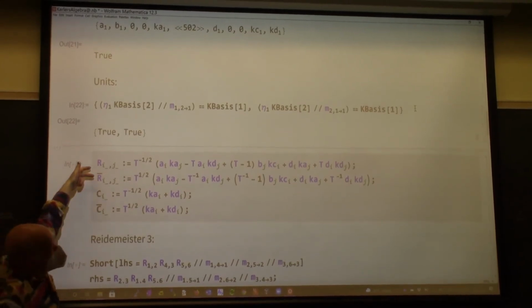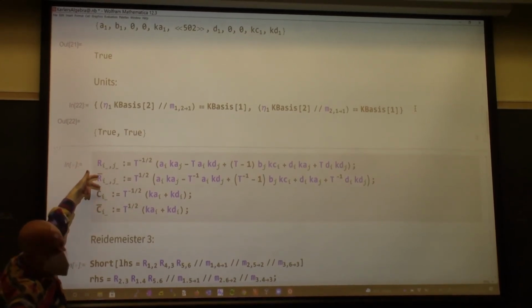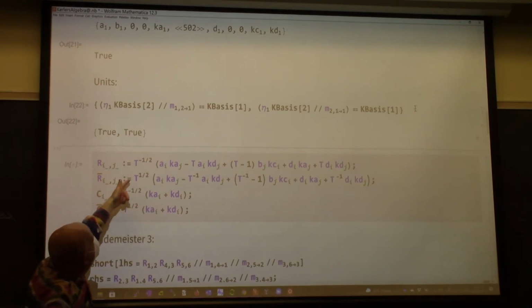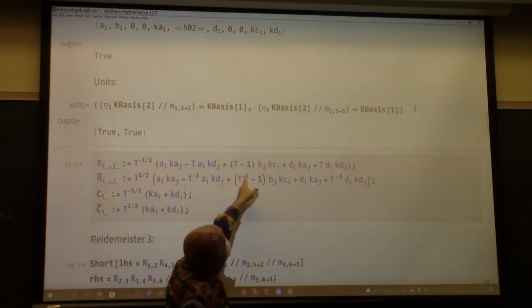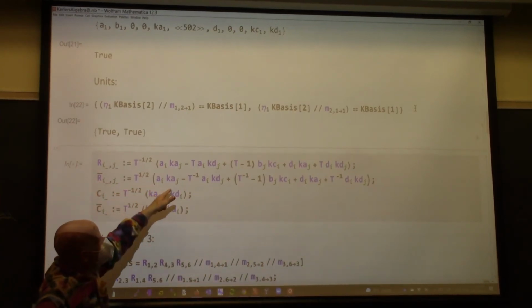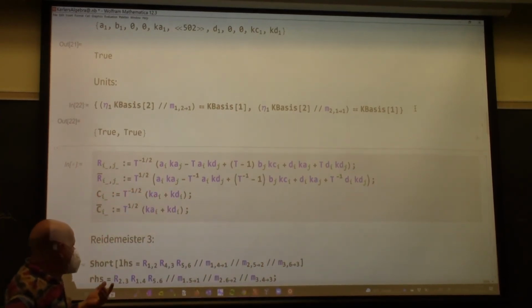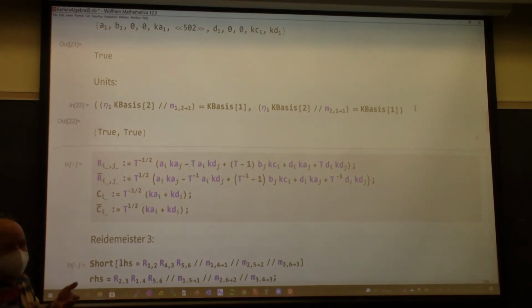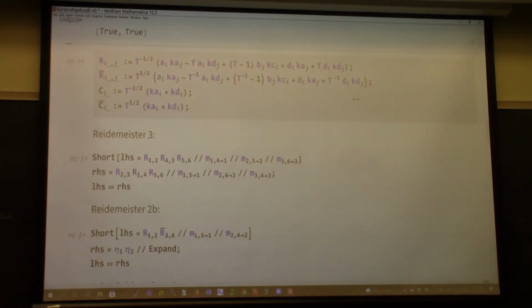But anyway, I really have nothing good to say about these elements. So Rij is given by this ugly formula here. R bar ij is given by that ugly formula. And what I really need to do is to verify all the axioms. So let's go through the non-interesting ones quickly and through the interesting ones more slowly.